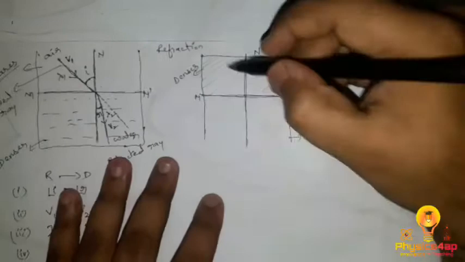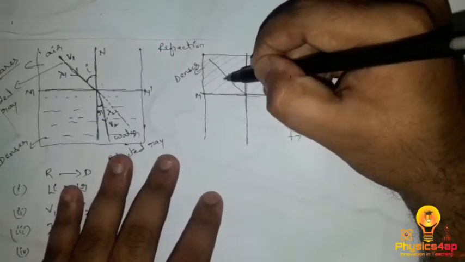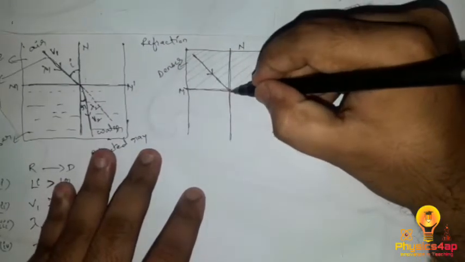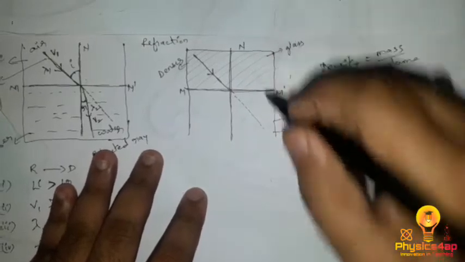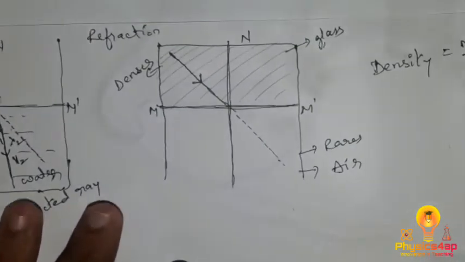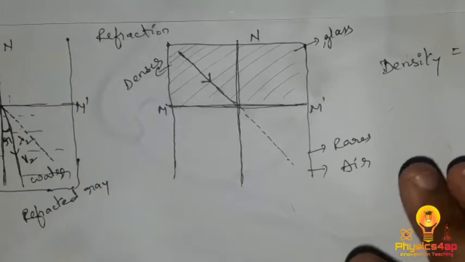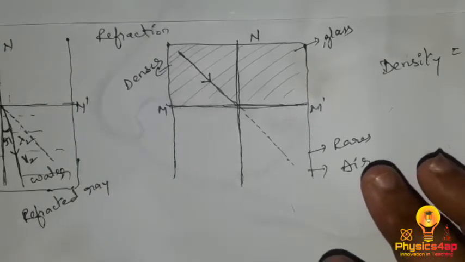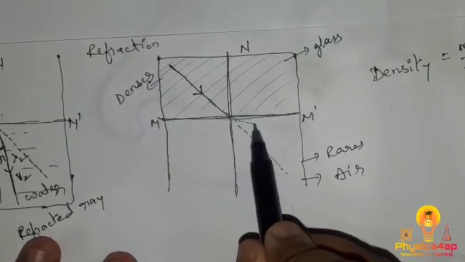Now what happens when light travels from the denser medium to the rarer medium? Actually the ray should pass in a straight line like this. But as there is a separation of medium, there is a bending of the light ray. The light ray bends away from the normal.